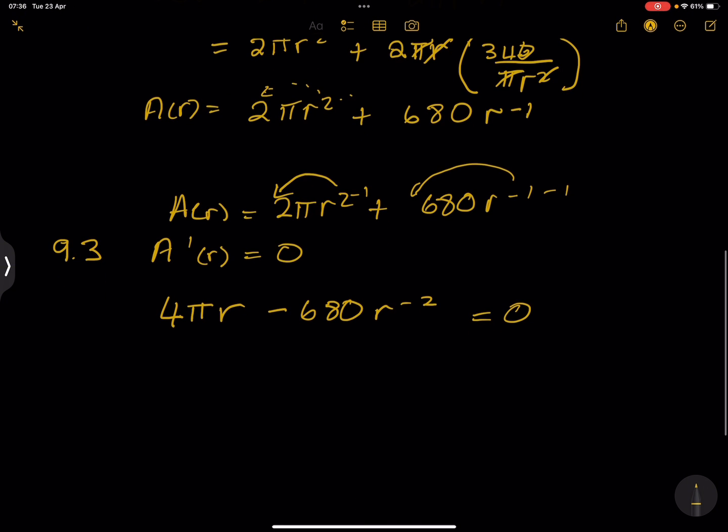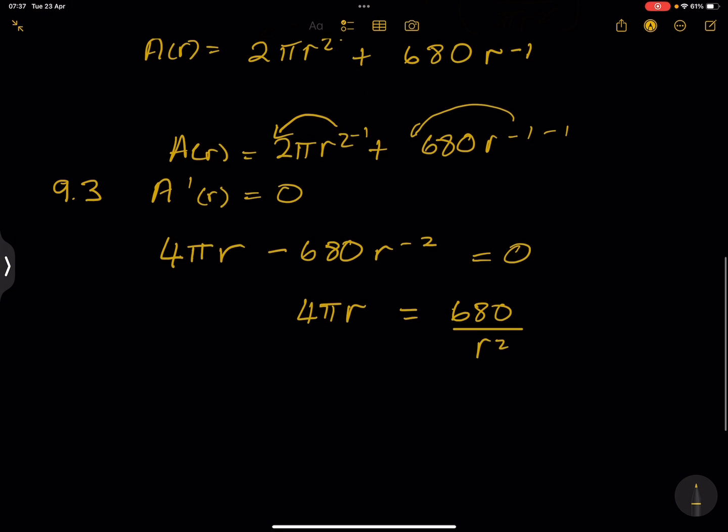Now, what are we left with? We've got 4 pi r equal to, now remember this is 680 on the other side once I take it to the other side, divided by r squared. So we can cross multiply and we've got 4 pi r cubed, which is equal to 680.